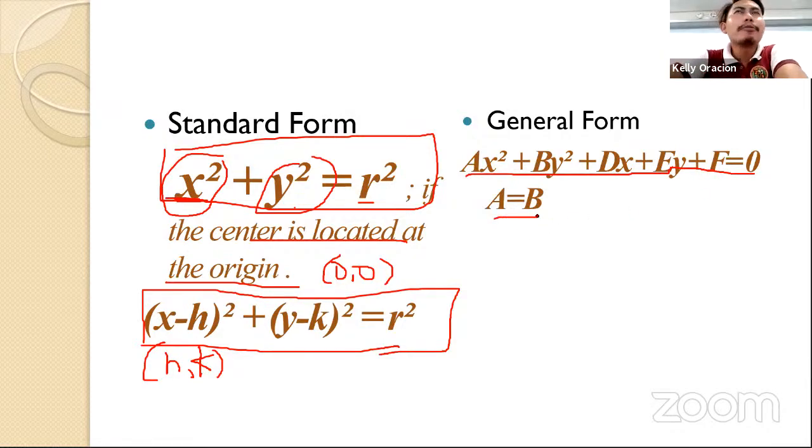Now, there is a separate topic in which, by looking at the equation, you can identify immediately what kind of conic section is yung given equation. Tuturuan ko kayo yan.